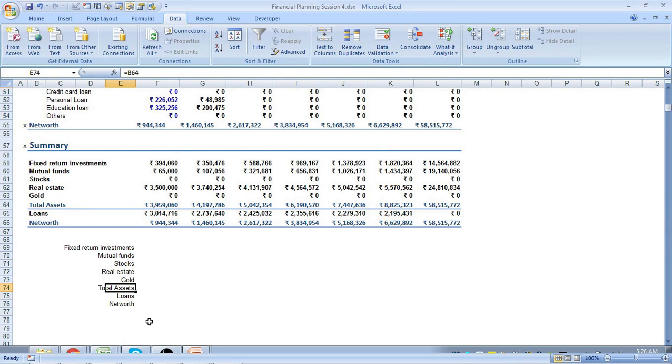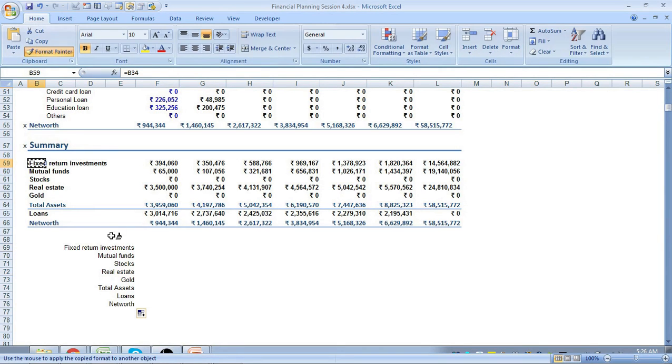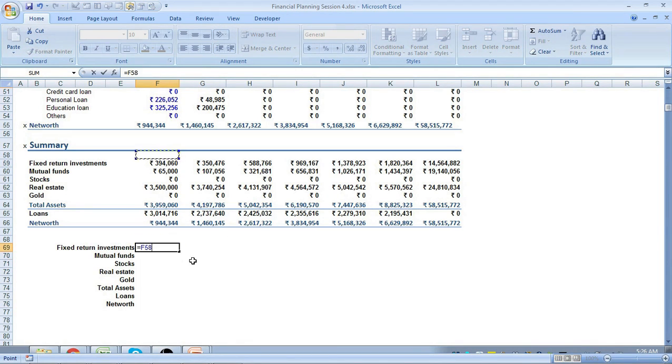To drag it to get the details. I'm fixing the row there.